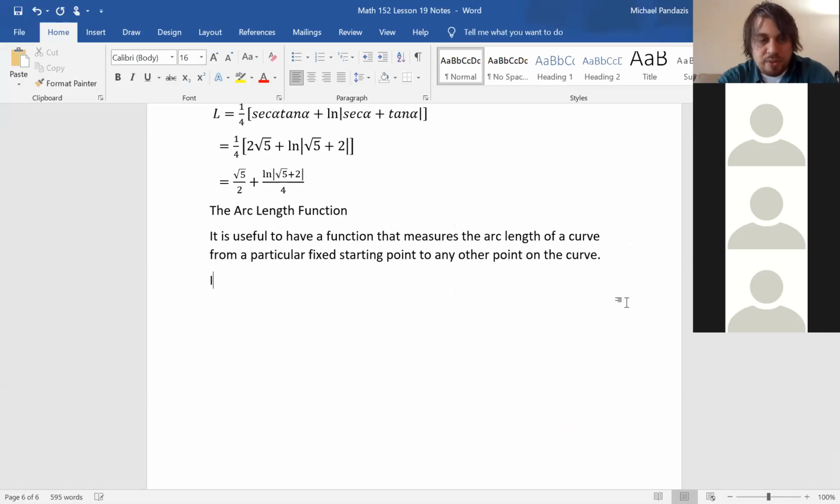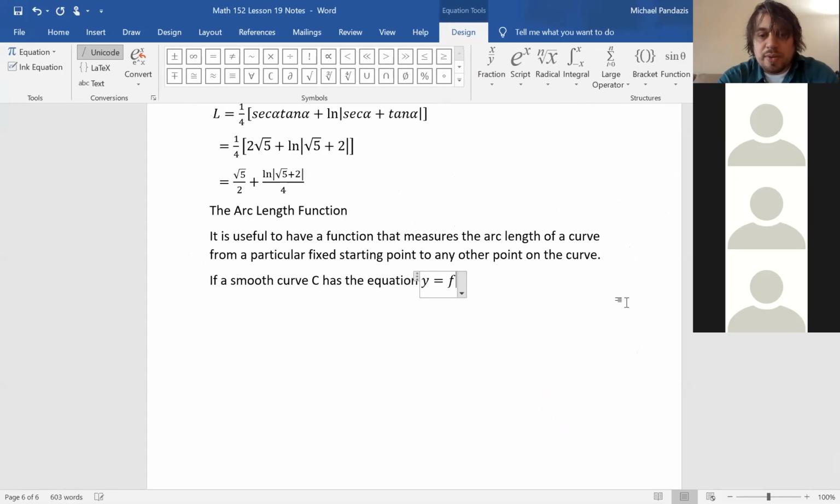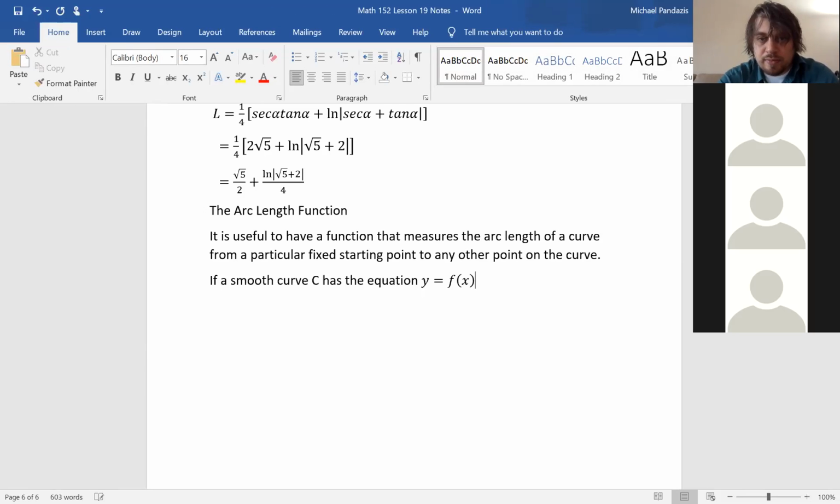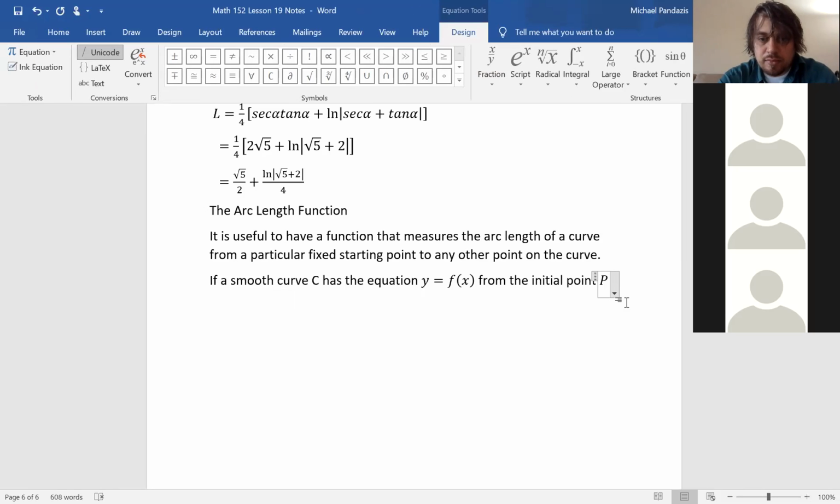So there have to be some conditions in order to have this function.